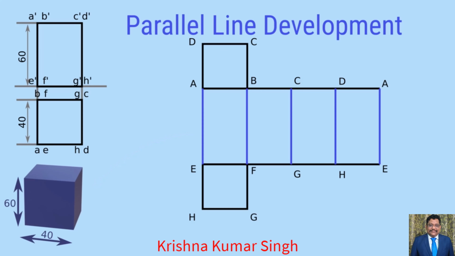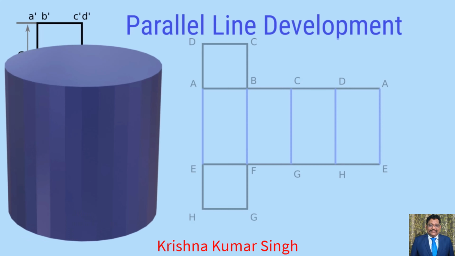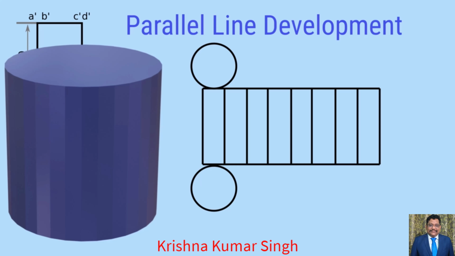So this is the method to develop square prisms. We used only parallel lines for development, and so it is called parallel line development. Similarly, other prisms can be developed using this method. Cylinders are also developed in the same way as a prism. The basic difference is that the base of the cylinder development is drawn as a circle of the given radius and no folding lines are drawn on the lateral surface development because the cylinder has a curved lateral surface.